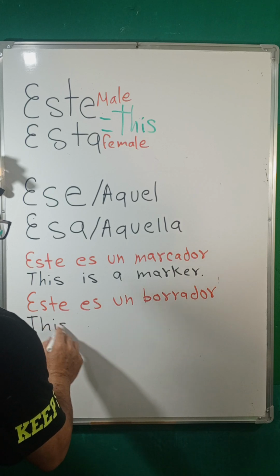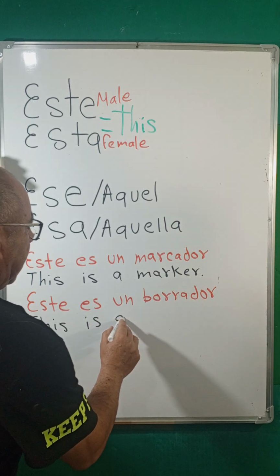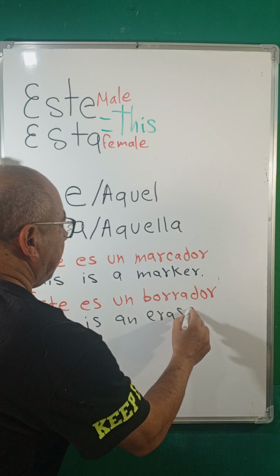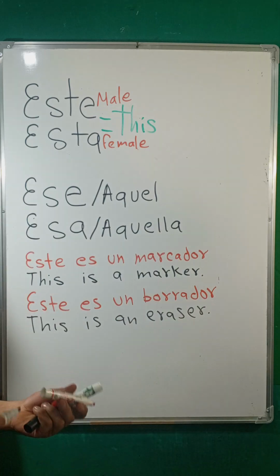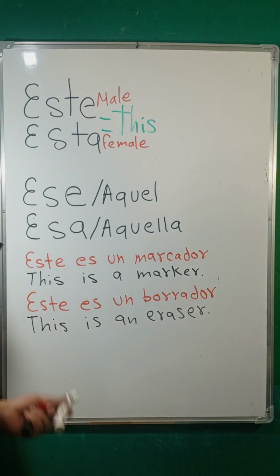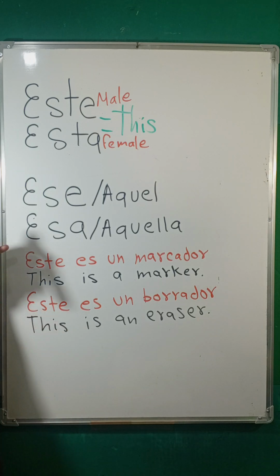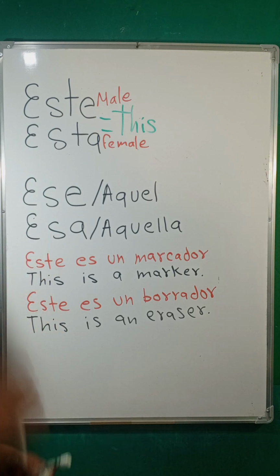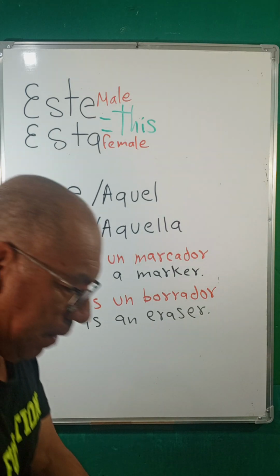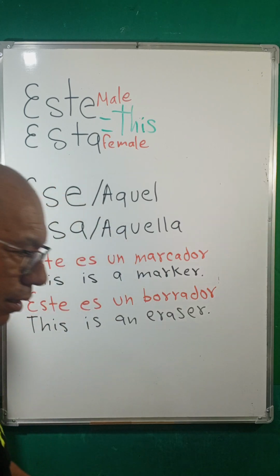This is an eraser. So, for male nouns, you are going to use este. Now we are going to write two examples with female nouns. Let's start.